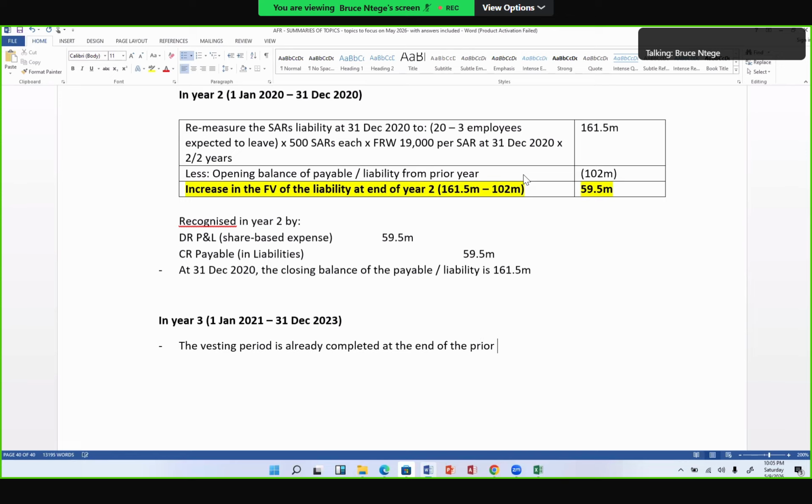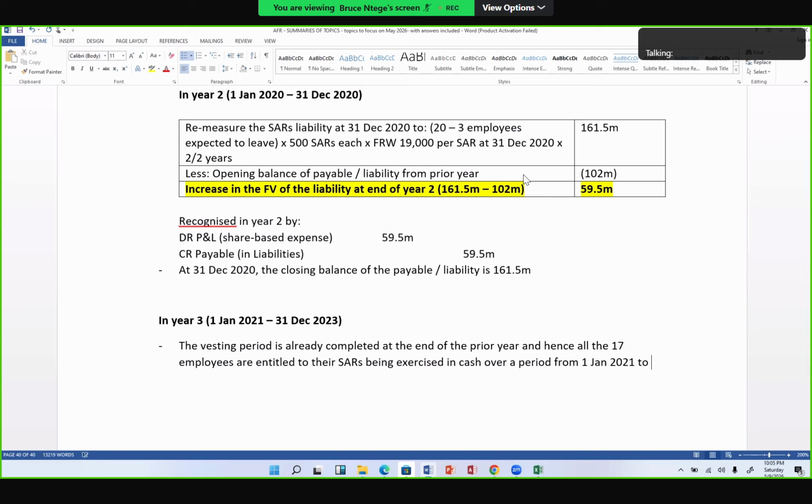And hence, all the 17 employees are entitled to their share appreciation rights being exercised, but in cash over a period from 1st January 2021 to 31st December 2022 based on the scenario. So these are not our own, but this is information we saw in the scenario.